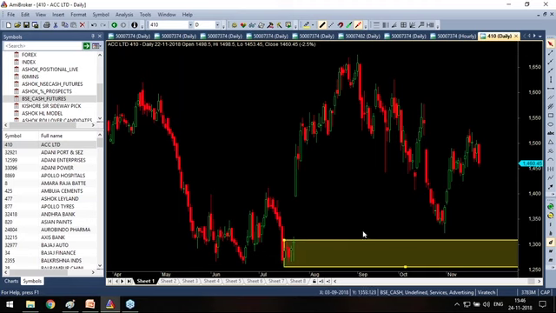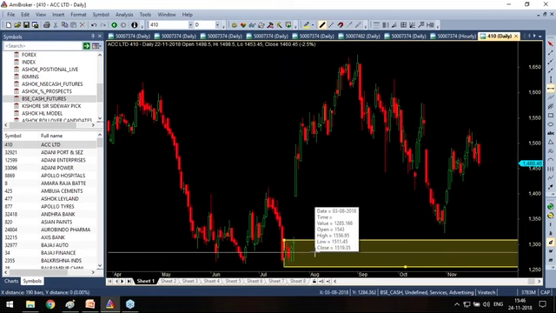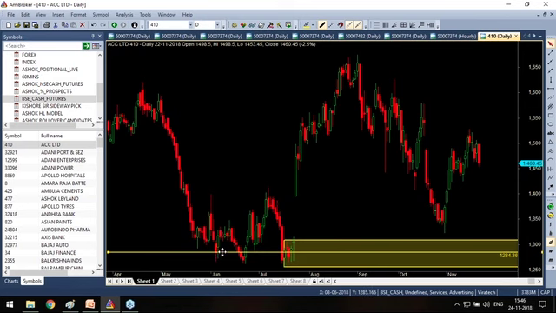Why rally? It is a strong momentum. Now I'll put a straight line on this zone. Now when I look back, is there a zone on the same line?